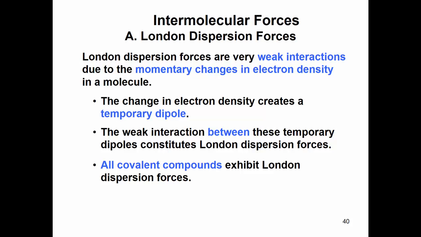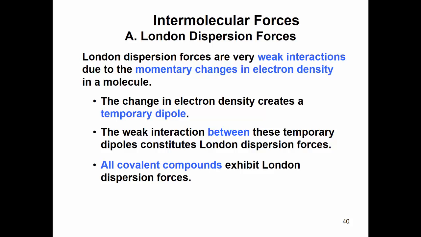Okay, it may benefit you to go back and watch my video on electronegativity if you've forgotten what polar means and what a polar covalent compound is. We'll try to review a little bit, but if you need to, you may want to go back and watch that. All right, so when you have this weak interaction between these temporary dipoles, a dipole is a difference in electronegativity.